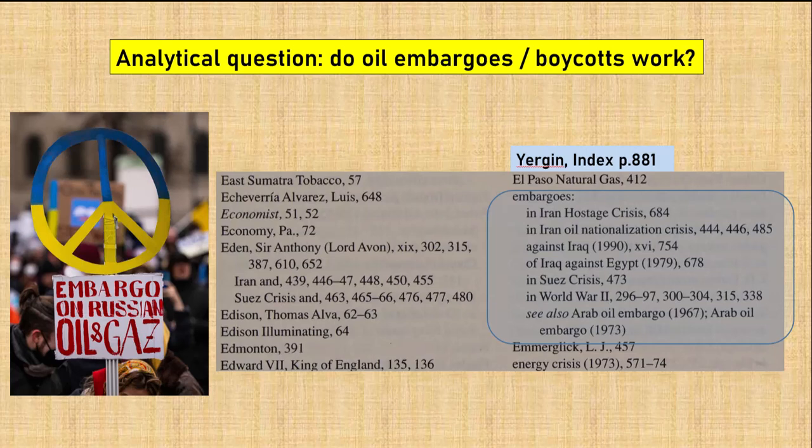So an easy place to begin is just to turn to your Jurgen textbook. If you look in the index and look up embargoes, and if you flip through the index, you'll see that of all the topics listed there, embargoes is one of those with the most citations to the text.